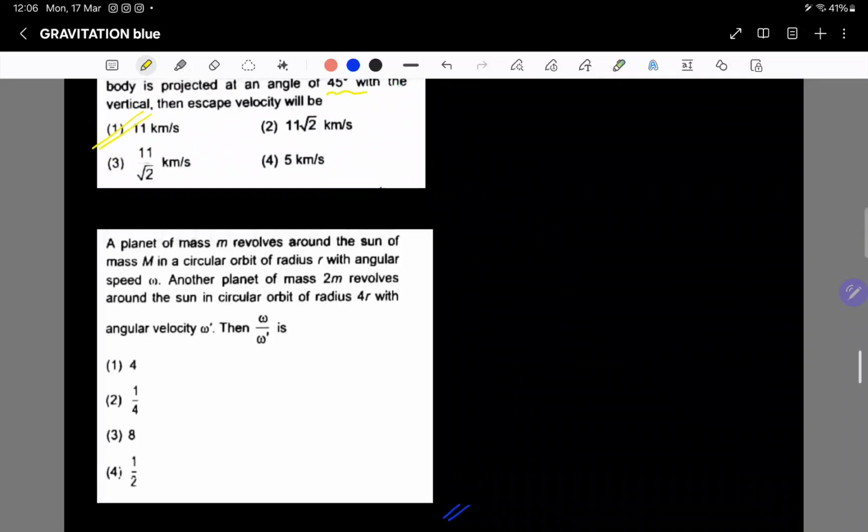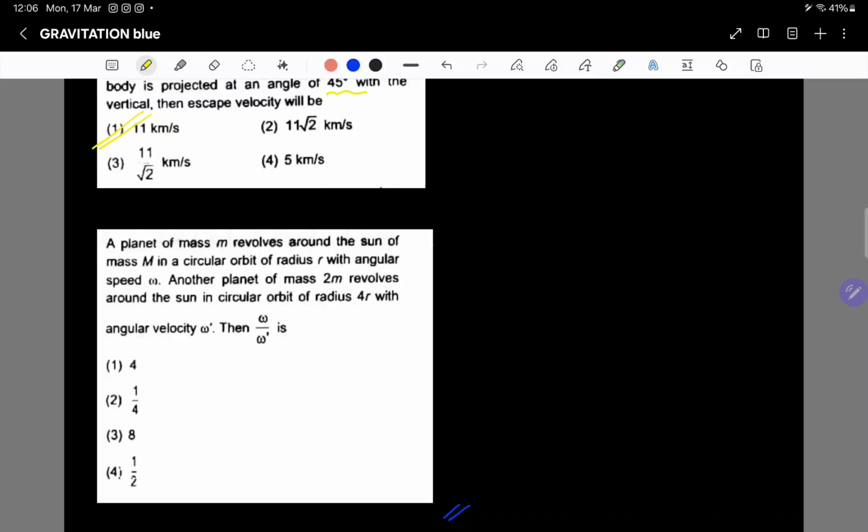Next question and last question, students. A planet of mass m revolves around the sun of mass capital M in a circular orbit of radius r with angular speed omega. Another planet of mass 2m revolves around the sun in a circular orbit of radius 4r, the second planet.